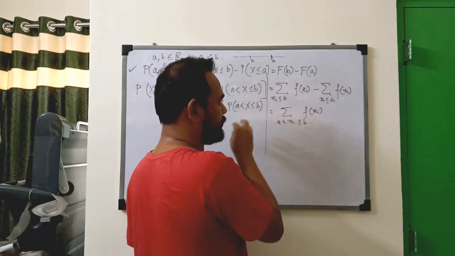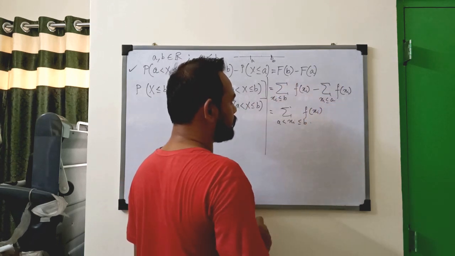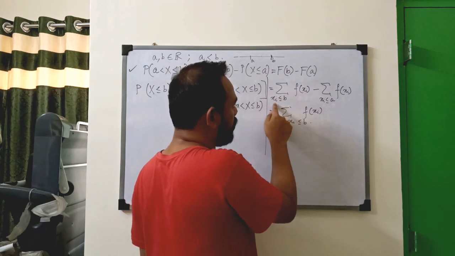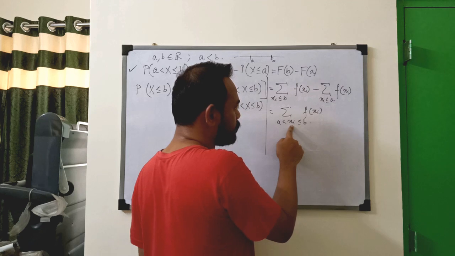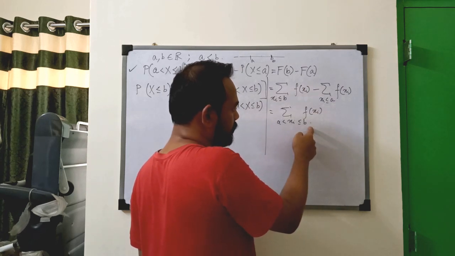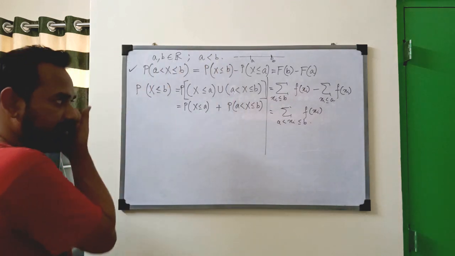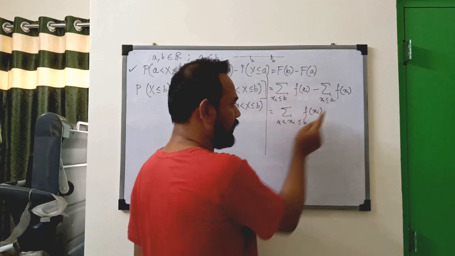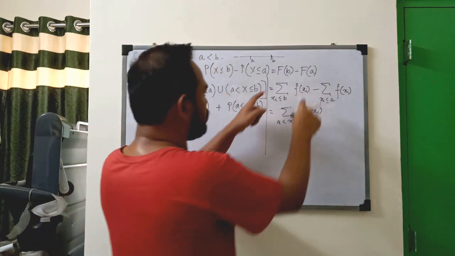You're taking away a part of it by subtracting this, and so you're left with a smaller sum over spectral points which are greater than A and less than or equal to B. This is strictly greater than A because you're taking away up to A, including A here. Okay? So this is the formula.